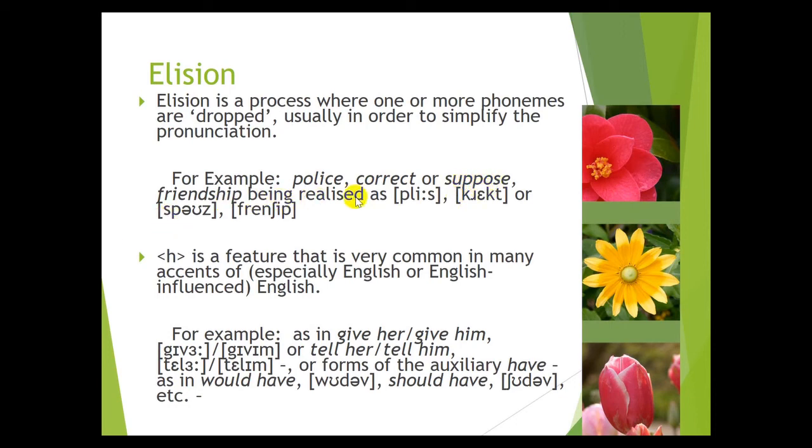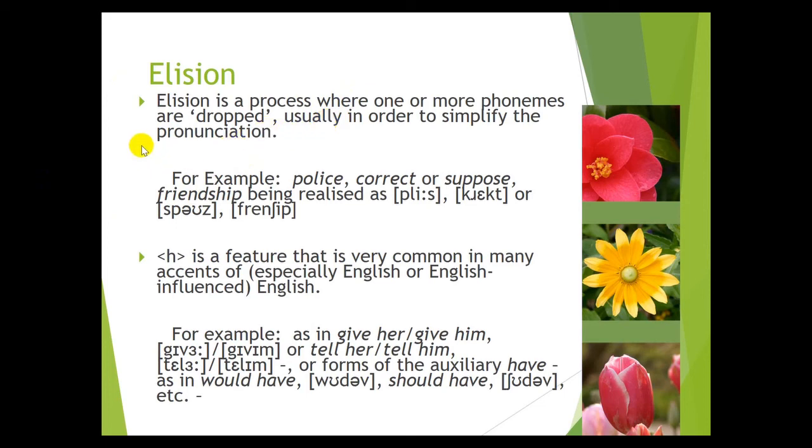And then friendship: it's supposed to have the d here, but it is easier to pronounce it as 'frenship'. So the d is omitted. Elision is where one or more sounds are dropped or omitted.